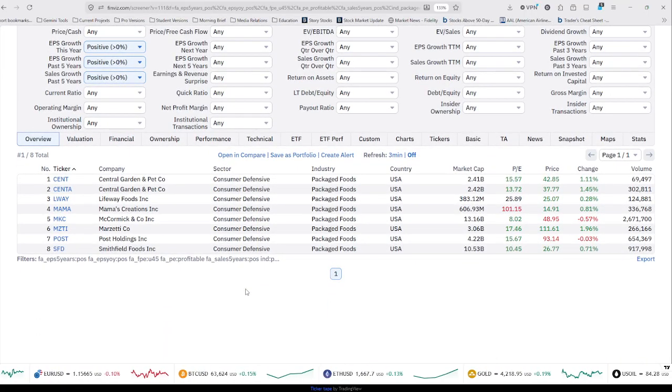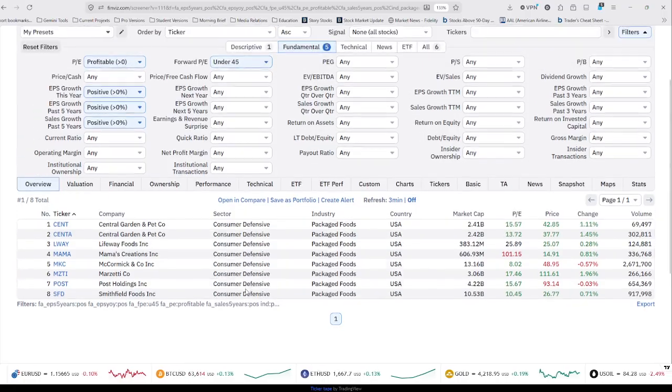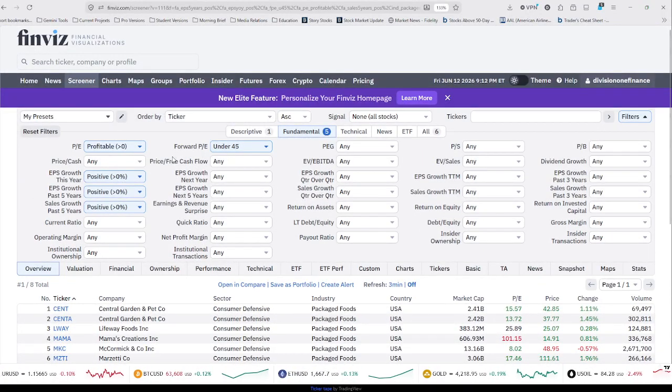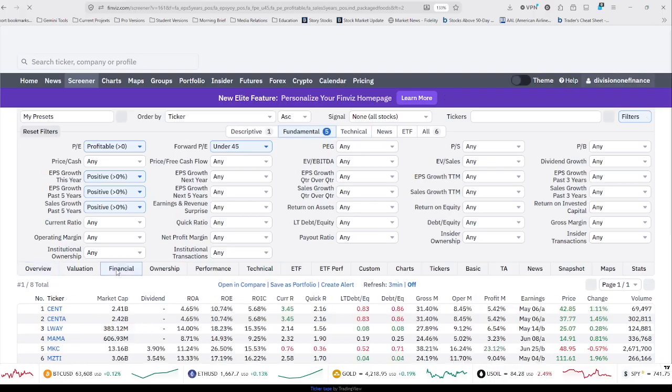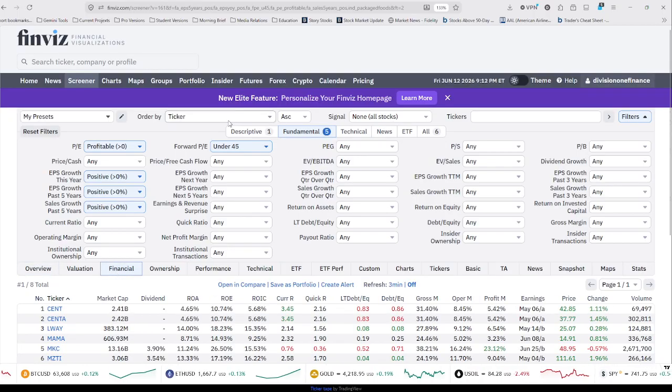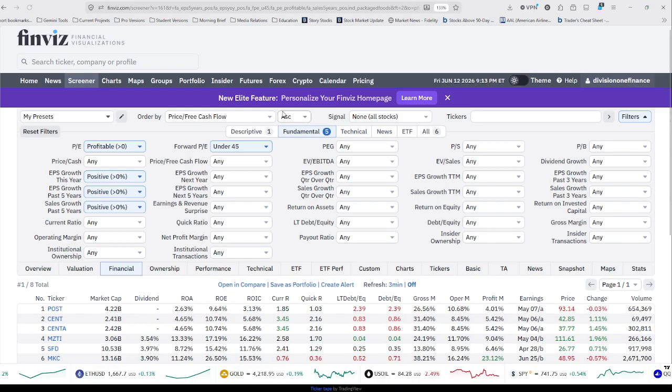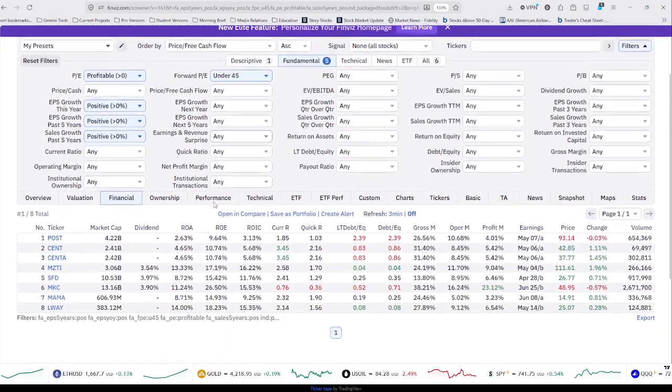So what I want to do now is find out, does this company really sit in that area that I want it to? Let's go to sort by price to free cash flow, ascending order.